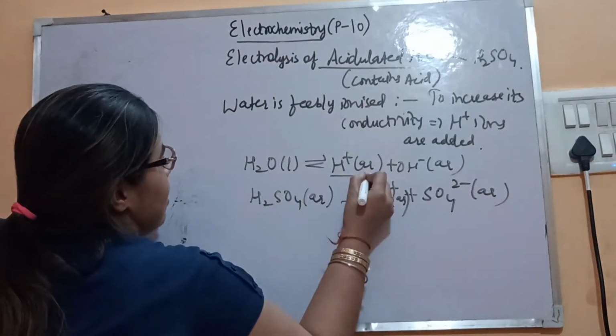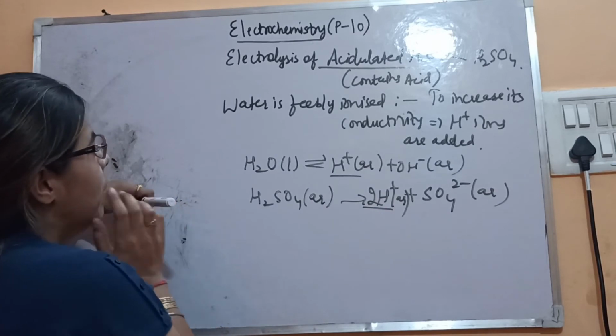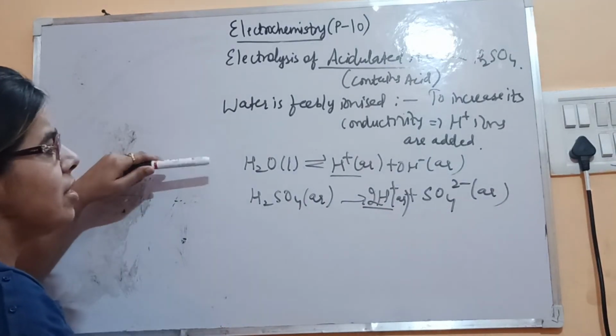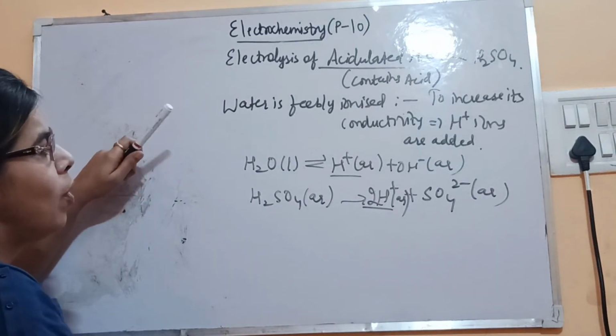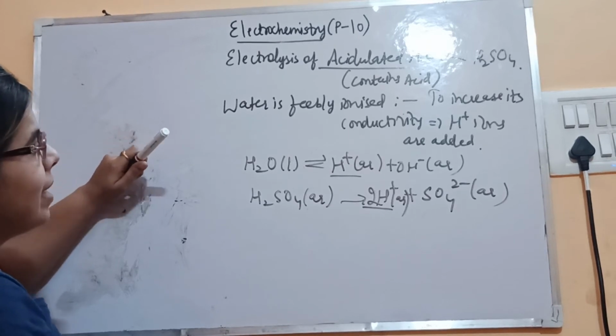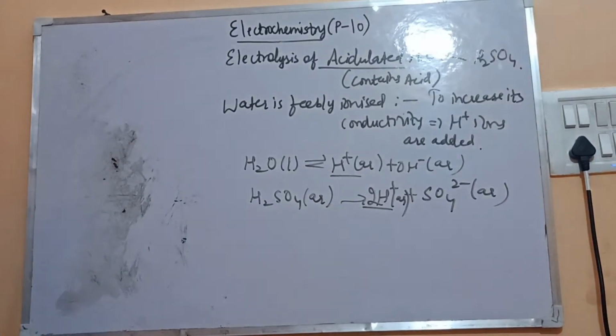Upon passing the electric current, what will happen? Now here H plus ions are there. Fine. So H plus ions, they just move towards which side? Reaction takes place at anode as well as it takes place at the cathode.